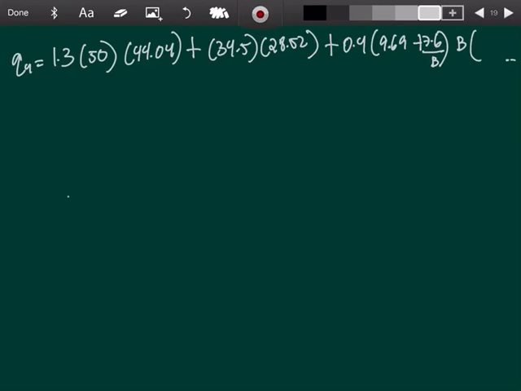Ano yung N gamma? 26.87. Okay, so simplify na natin.